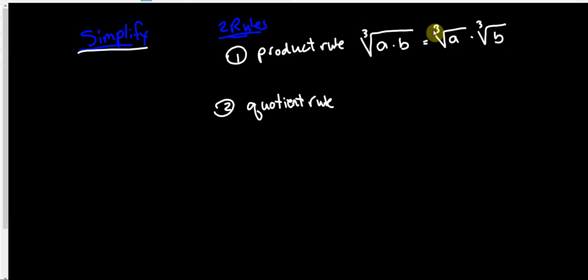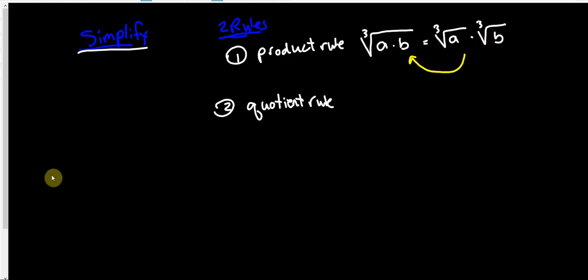I'm not changing the roots, but I can break 2 things that are multiplied apart. This is an equal sign, so I can also go backwards: if I have 2 things with the same radical, I can smush them together if they're multiplied. So I can break apart or smush together multiplications.